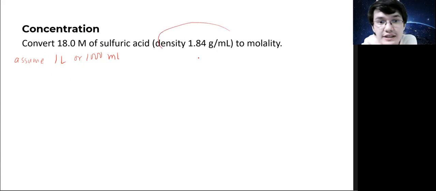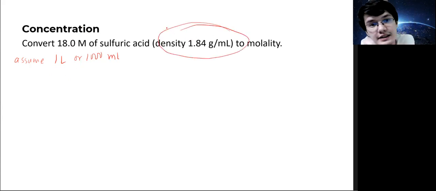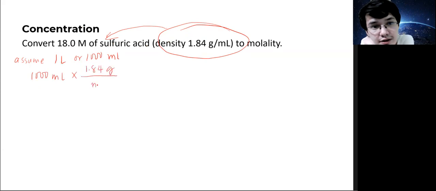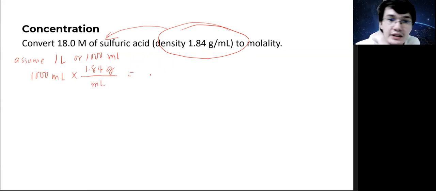We multiply it by the density. The density depends on the concentration of the solution. So if we have 1,000 ml of solution, we multiply it by the density. The mass of our solution is 1,840 grams solution.